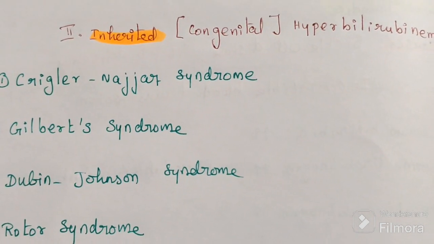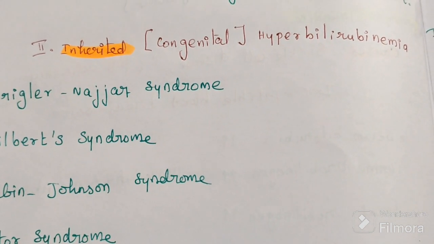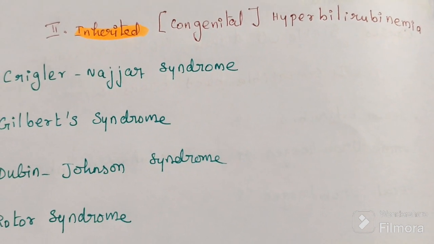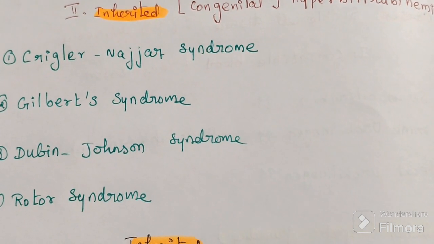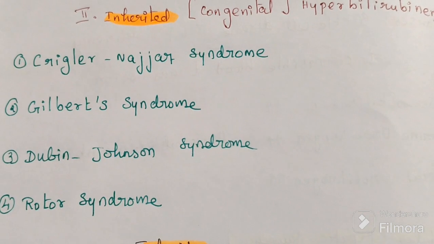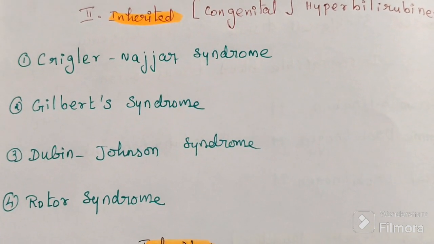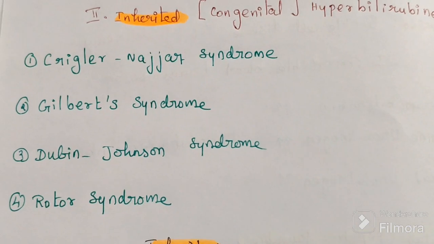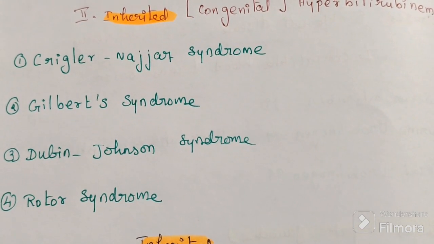Next is congenital or inherited hyperbilirubinemia. There are basically four examples. First is Crigler-Najjar syndrome, second is Gilbert syndrome, third is Dubin-Johnson syndrome, and fourth is Rotor syndrome.